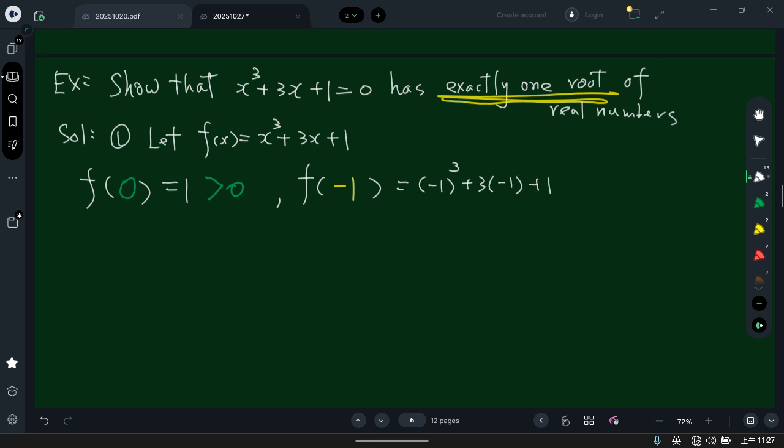So the final result is -3. So see, we get a negative return. So in between, from positive to negative, we can use the intermediate value theorem, right?